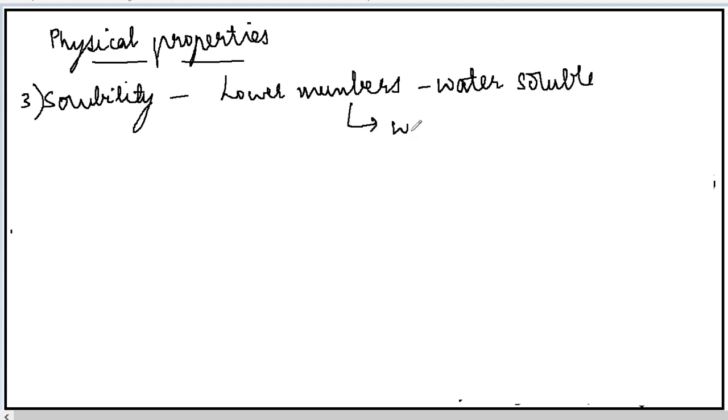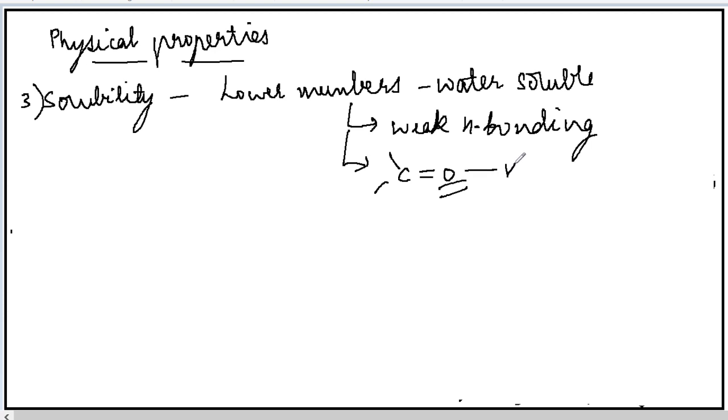A hydrogen bond is formed between the carbonyl group oxygen and the hydrogen of the water molecule. As a result of this hydrogen bonding, they show their solubility in water.